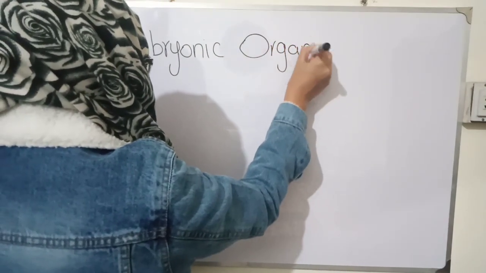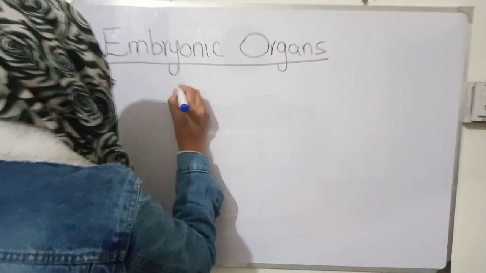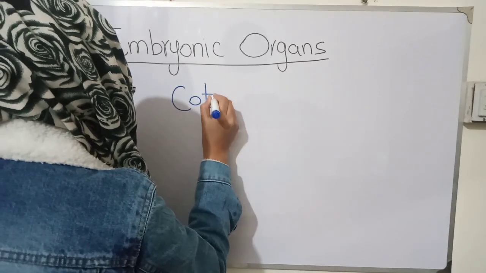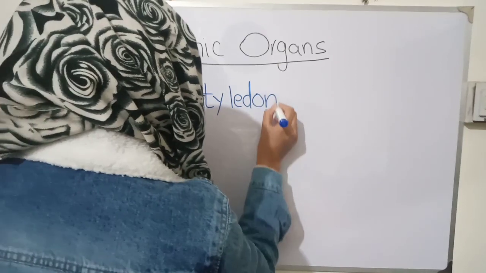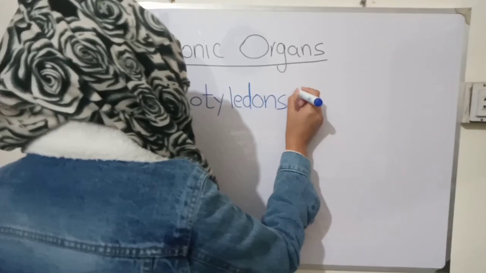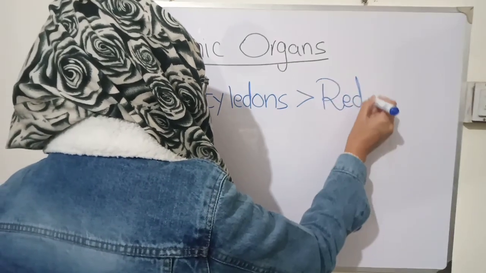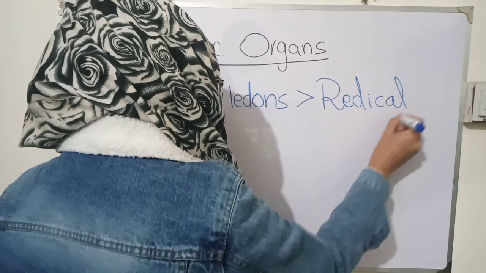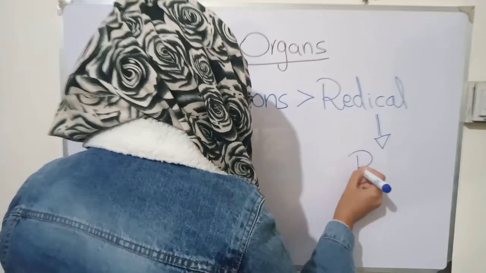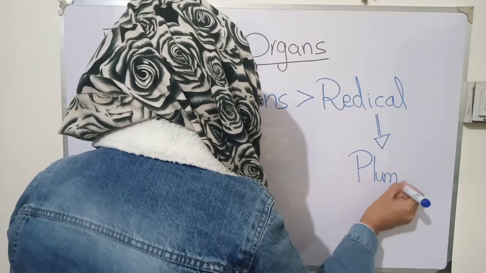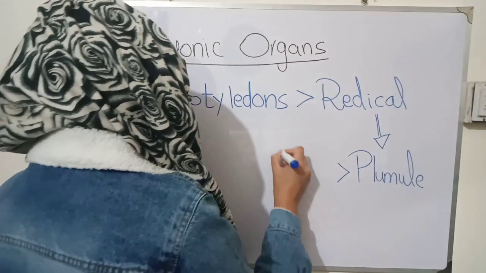First is the cotyledon, then radicle, and then plumule, and then what is epicotyl?